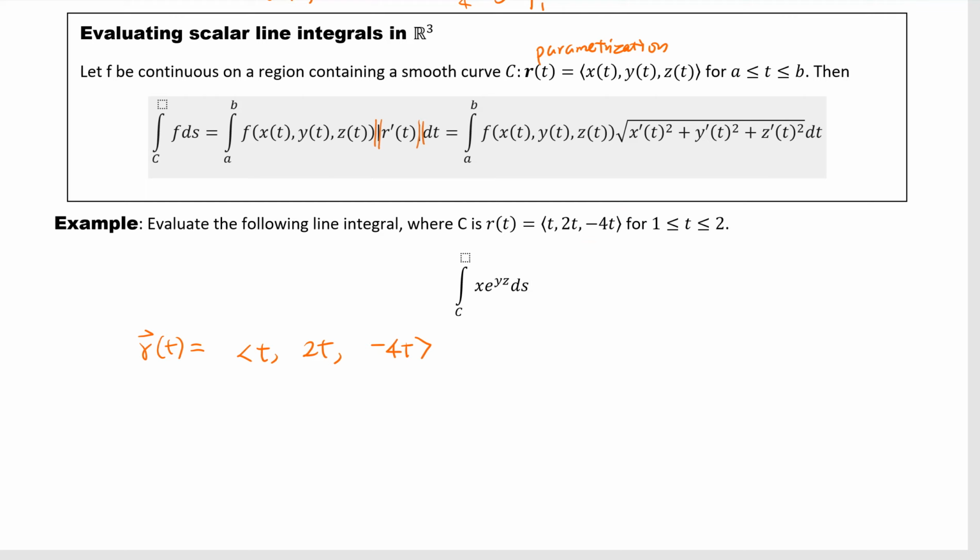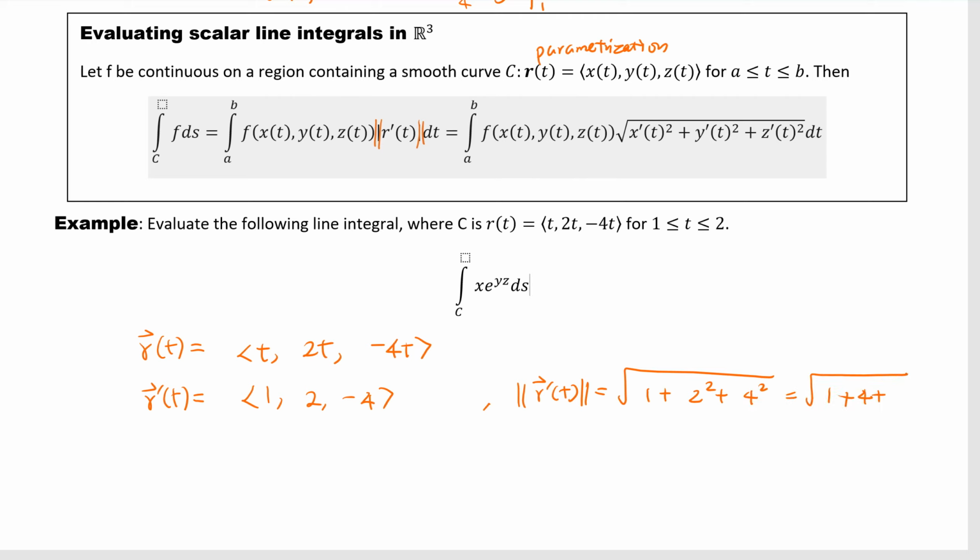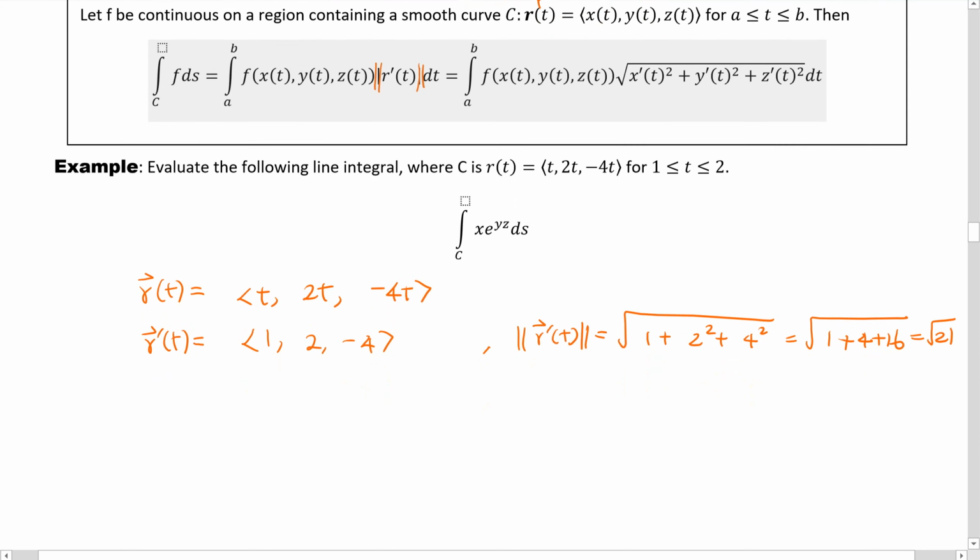And then what is the velocity? 1, 2, minus 4. And then what is the speed? 1 squared, 2 squared, minus 4 squared. That is 1, 4, 16. So square root of 21. So far so good, everybody?